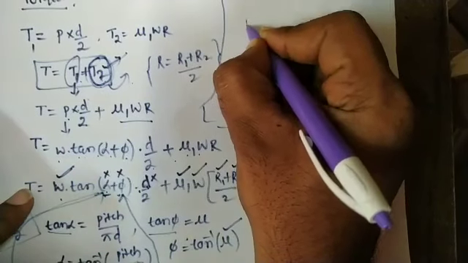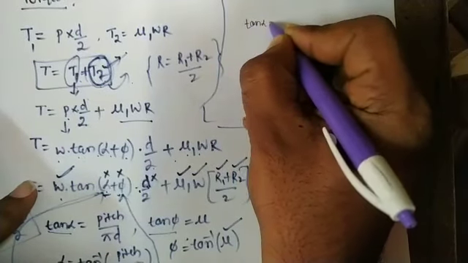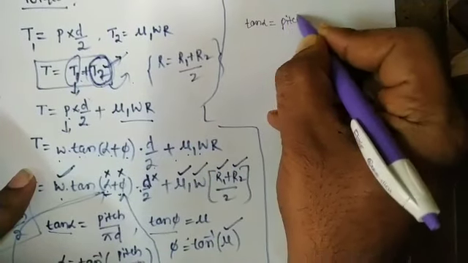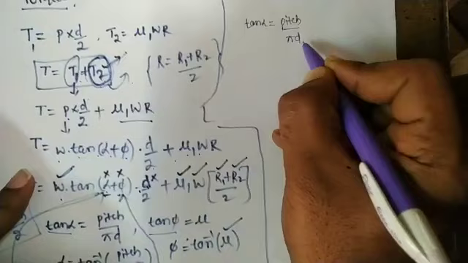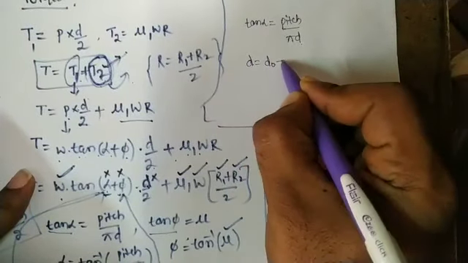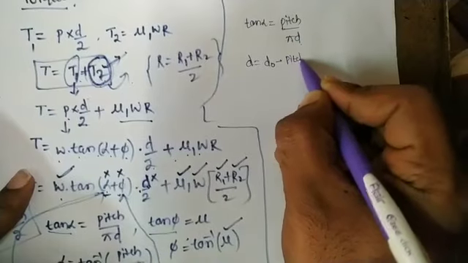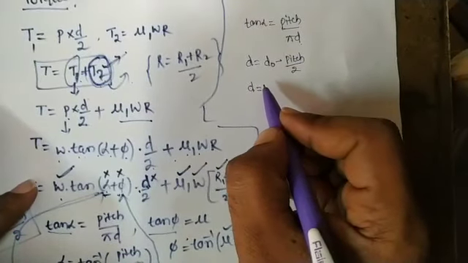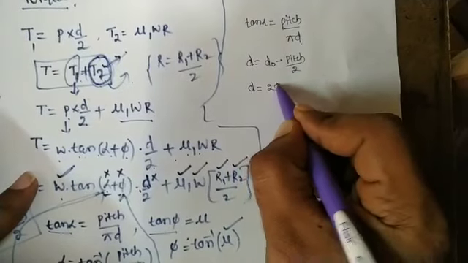First calculate the tan alpha. Tan alpha equal to pitch by pi d, but d is the unknown value, so d equal to d naught minus pitch by 2. What is the value of d naught? 25 mm.